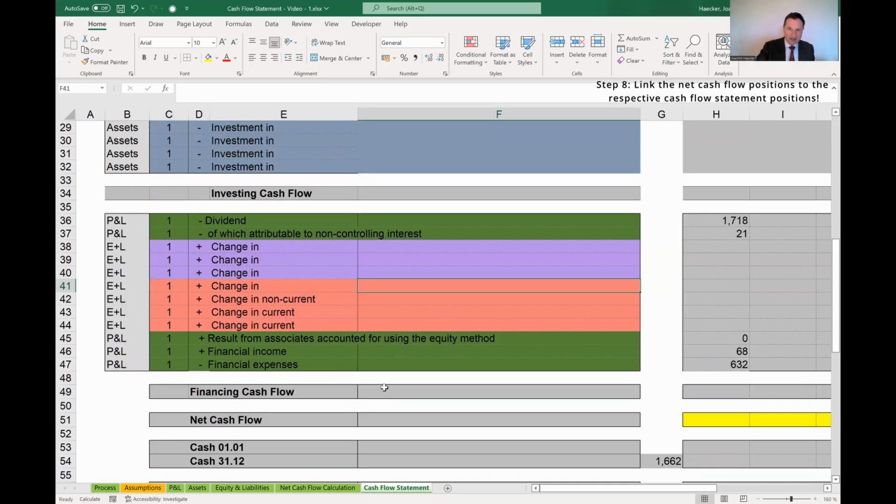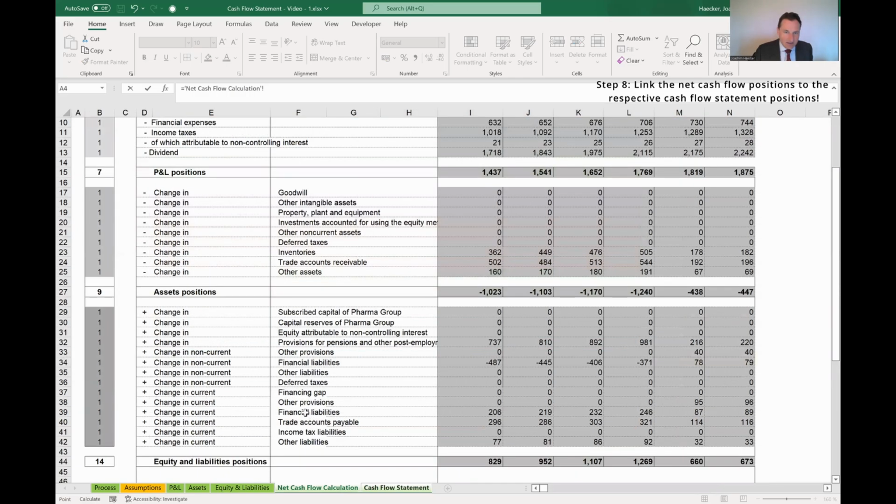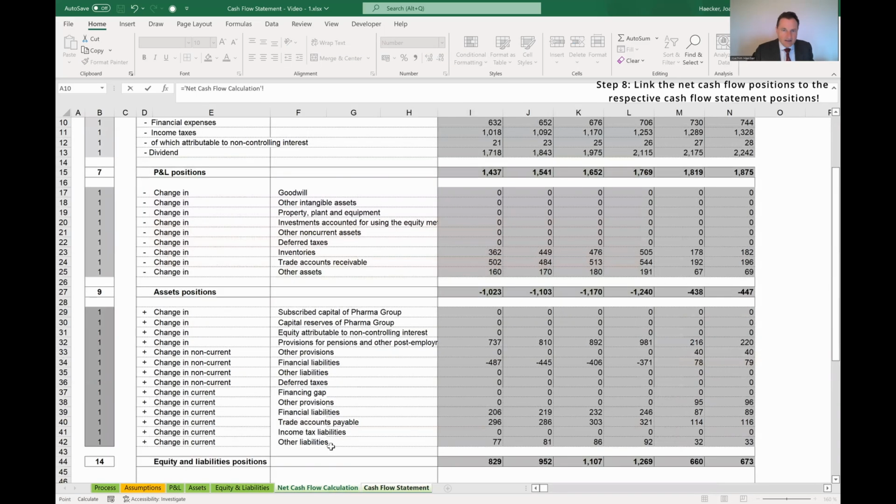So what are interest-bearing liability positions? I start with the current financing liabilities, which is pointed out here. These are my financial liabilities, and the respective position is this one here.